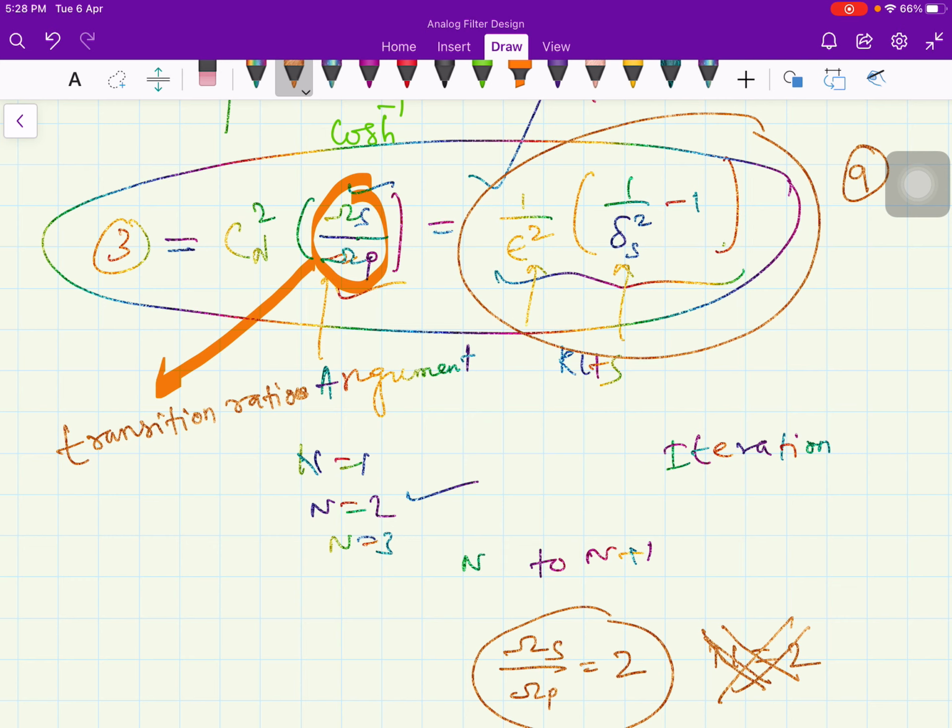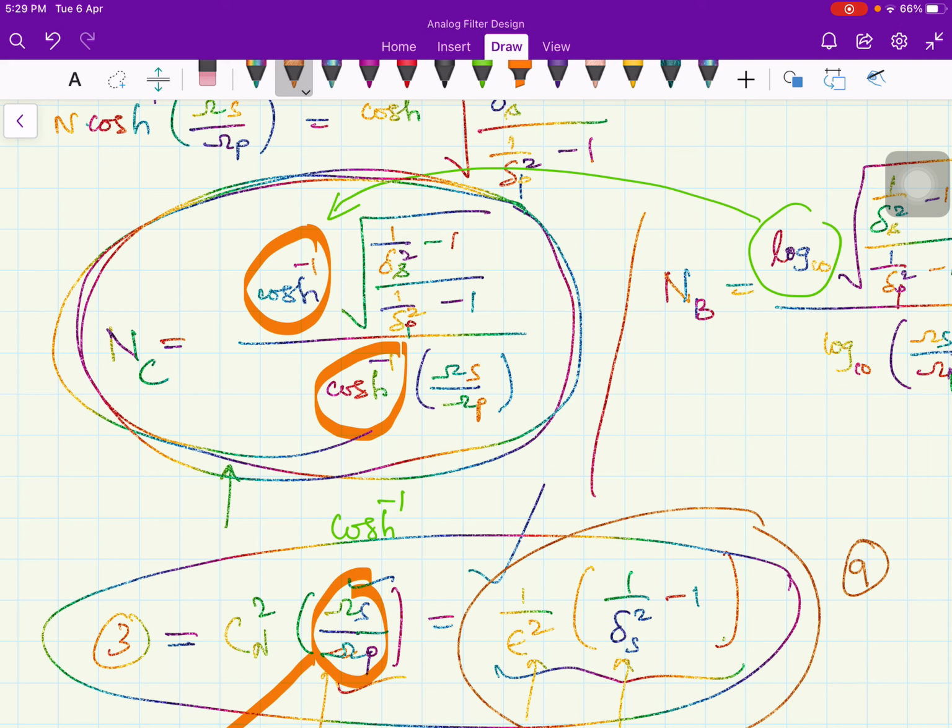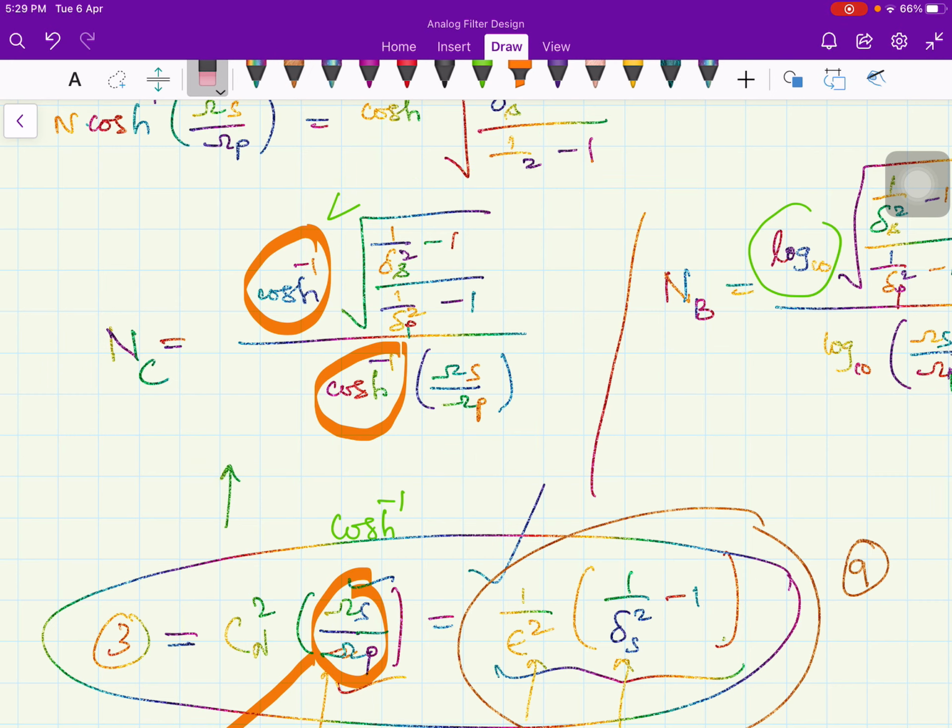Now for the Chebyshev filter, the order n suffix c is given by this formula.